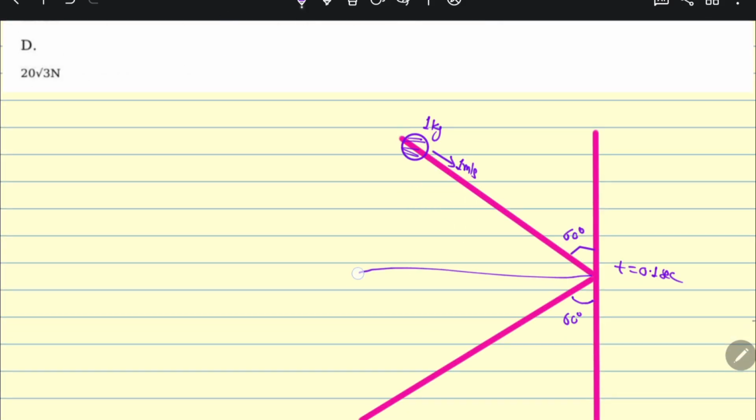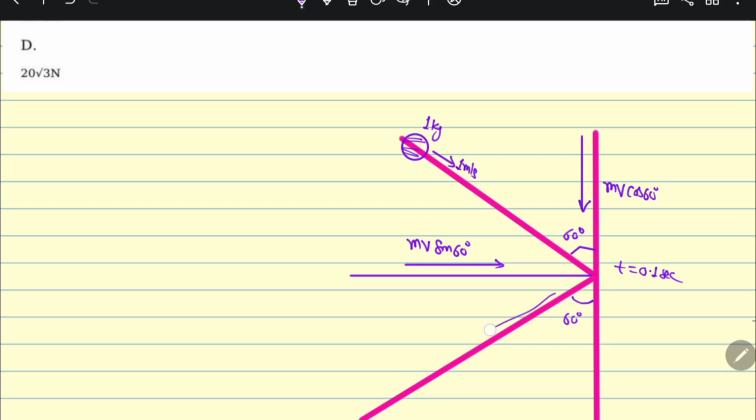So the force exerted on the ball we can calculate. We know that we need the change in momentum along the normal to the plane. If I resolve this, here you see this is mv cos 60 degree and this is mv sin 60 degree.